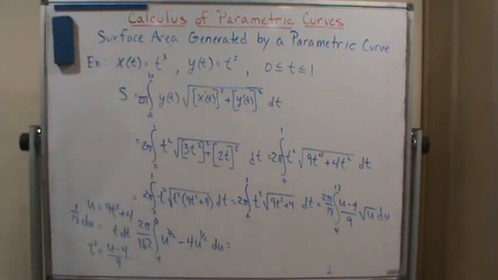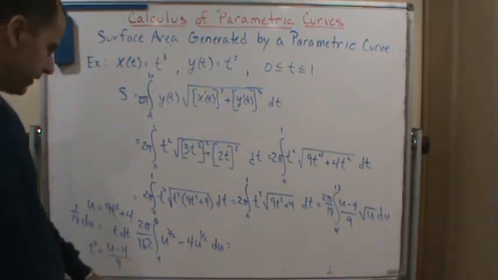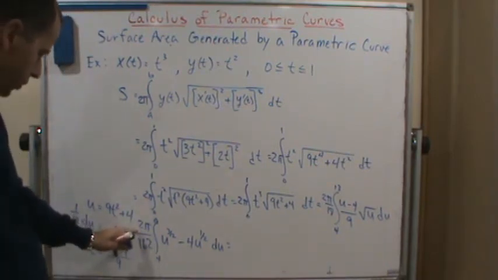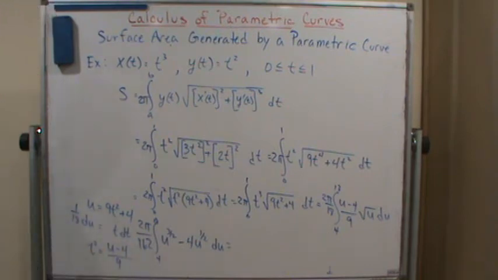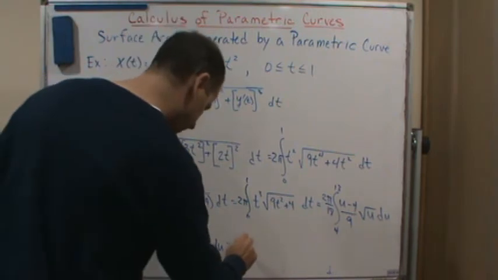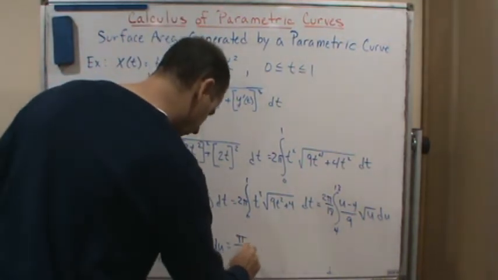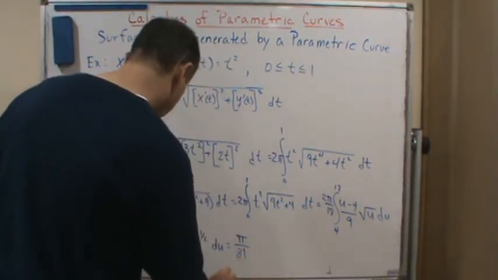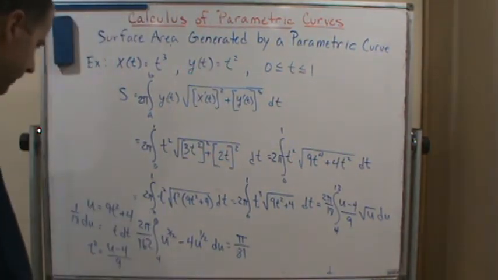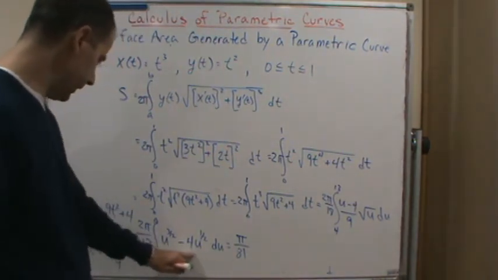Okay, so now I'm going to simplify this one more time. 2 over 162 can reduce to 1 over 81, so this is going to be pi over 81. And then I can integrate each one of these.